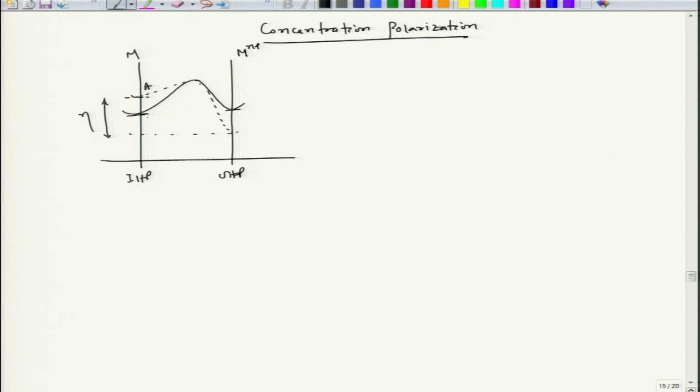If it is A, B, C, then AB by AC equals alpha, which is the symmetry factor. So, in this particular case, IA is greater than IC for the dotted line, and this is the corresponding situation for I0 equal to IC equal to IA.